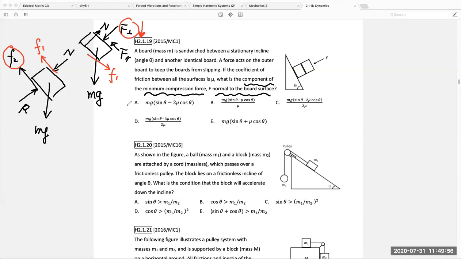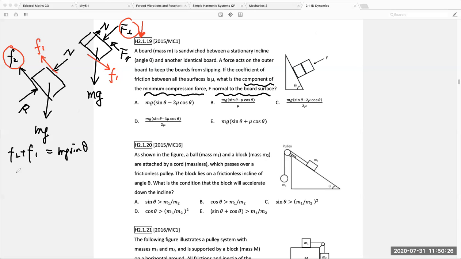Then let's see how to solve it, okay? Let me write down all the simultaneous equations, but let's not waste time solving them. So F2 plus F1 equal to mg sine theta.